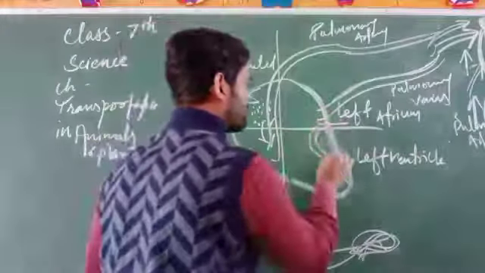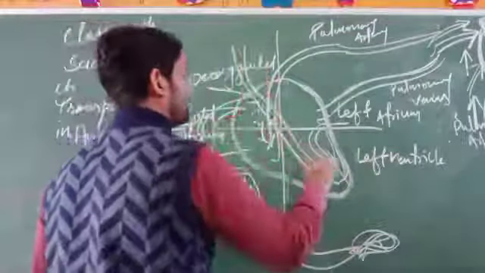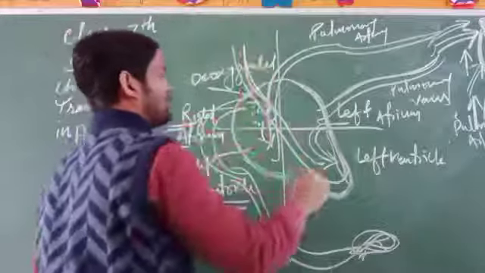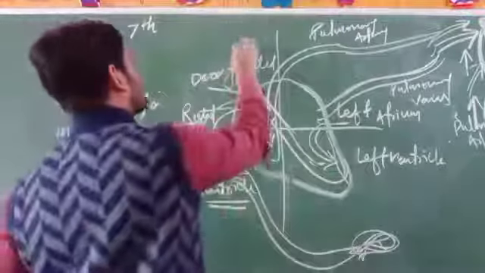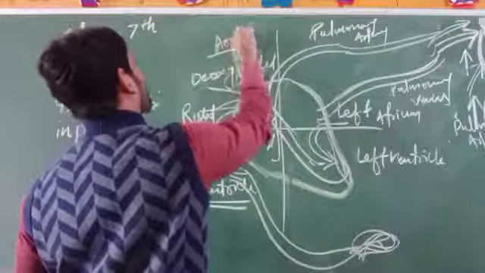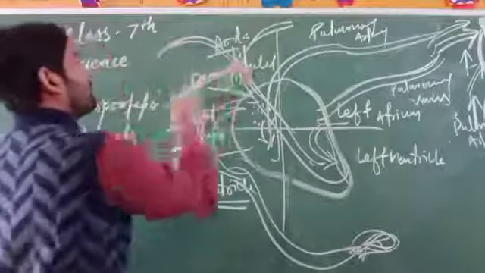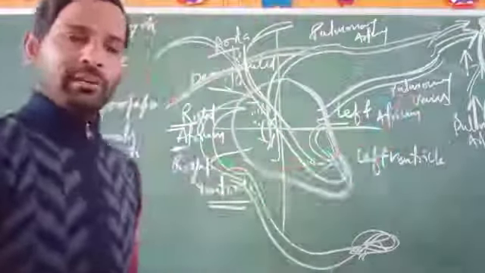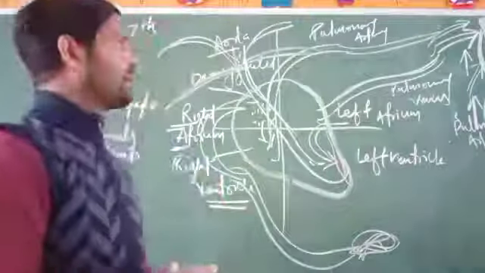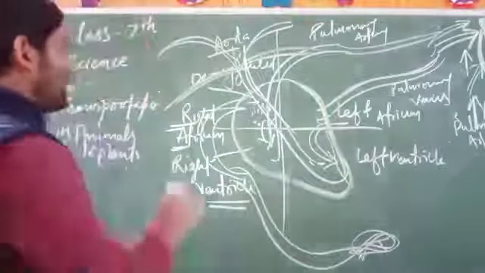From the left atrium it reaches the left ventricle, and from the left ventricle there is the aorta, which is the junction of arteries. A number of arteries are joined to the aorta, and these reach the different parts of our body. Simply, this is how the circulation, or transportation, of blood in our body takes place.